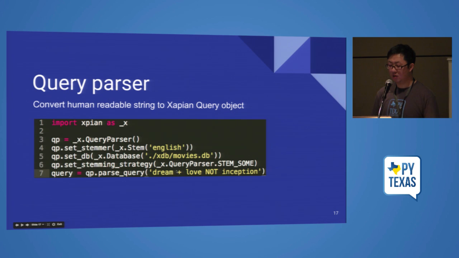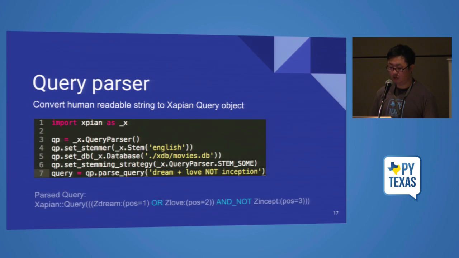Xapian knows how to interpret a keyword or the symbol of an operator into a query operator. So the output is something like a term and its position, with OR for the plus sign and NOT for not.